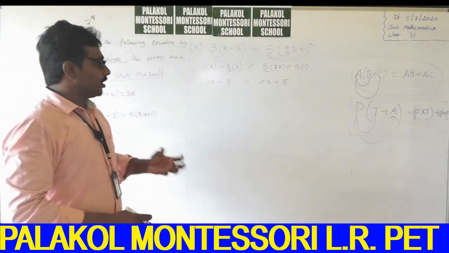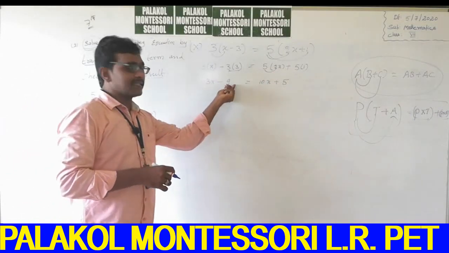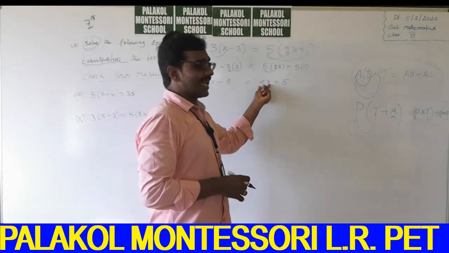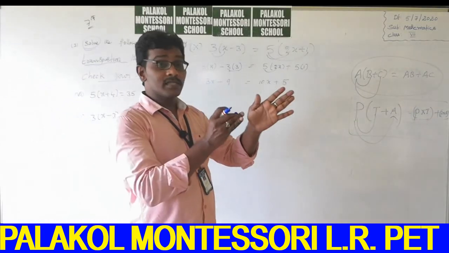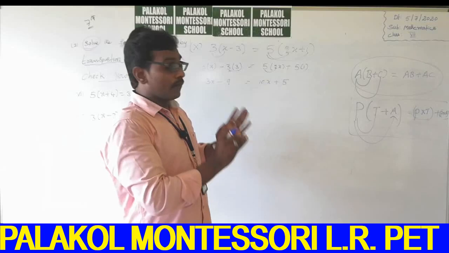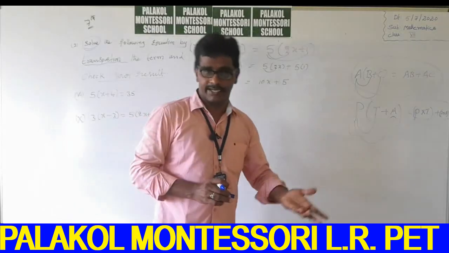Okay guys. Now in the LHS there are some x terms and some constant terms. In the RHS also there are some x terms and some constant terms. The x terms should be sent to one side, and the constant terms, without x, to the other side.